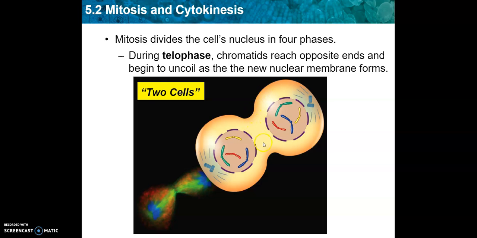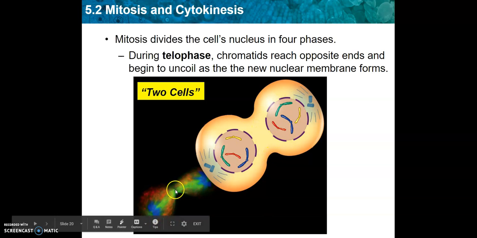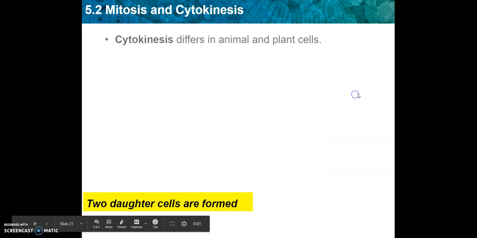In plant cells, we start seeing a cell plate form, which is just vacuoles filled with the cellulose fibers that make up a cell wall. They line up in the middle and fuse together, forming a little makeshift wall, and then eventually they close off, and we have two complete cells. We see them pinching in here, almost like dividing bread dough.